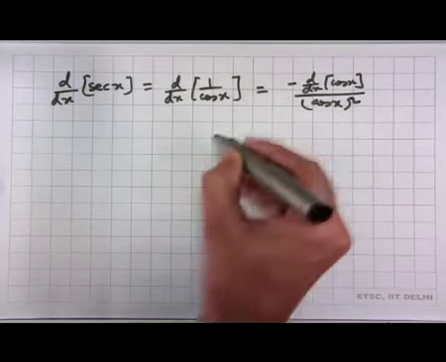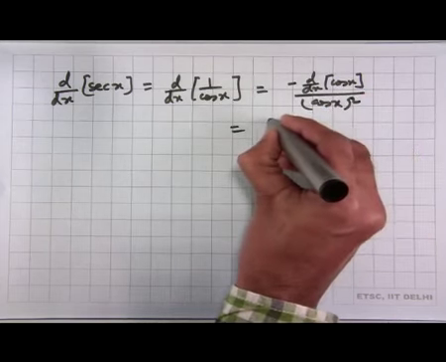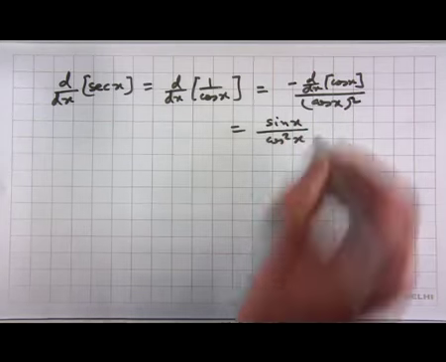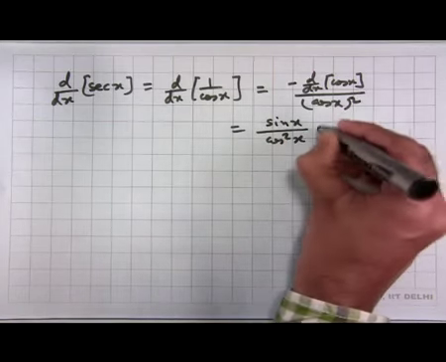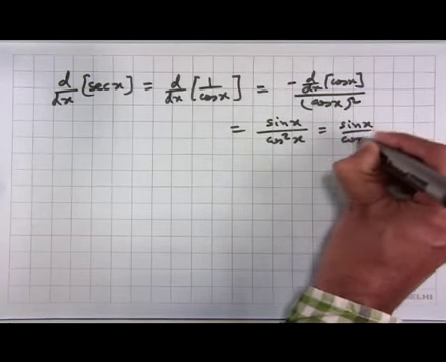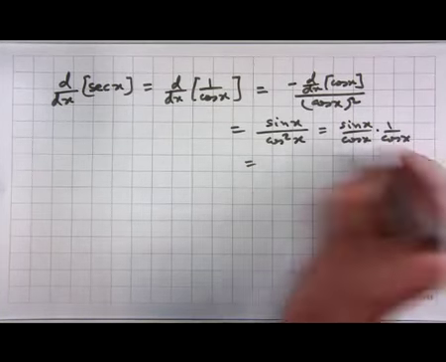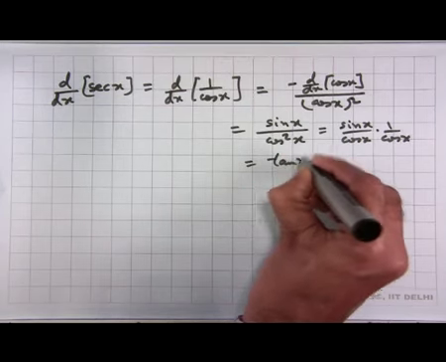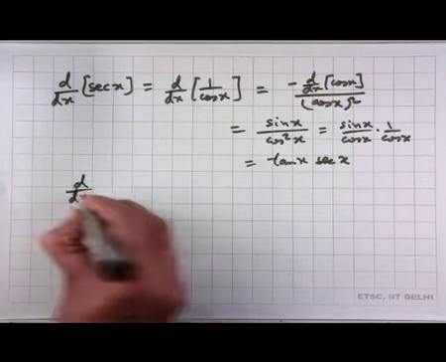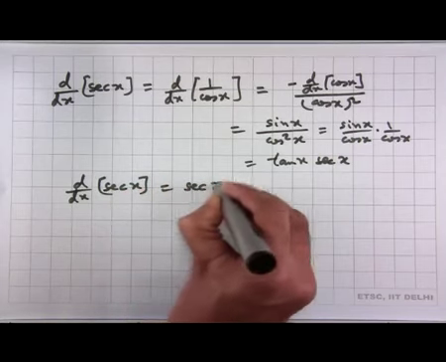The derivative of cos x is minus sin x, so we get sin x divided by cos square x. I can write this as sin x by cos x times 1 by cos x, which is equal to tan x times secant x. So, we will remember this formula as d by dx of secant x is equal to secant x times tan x.